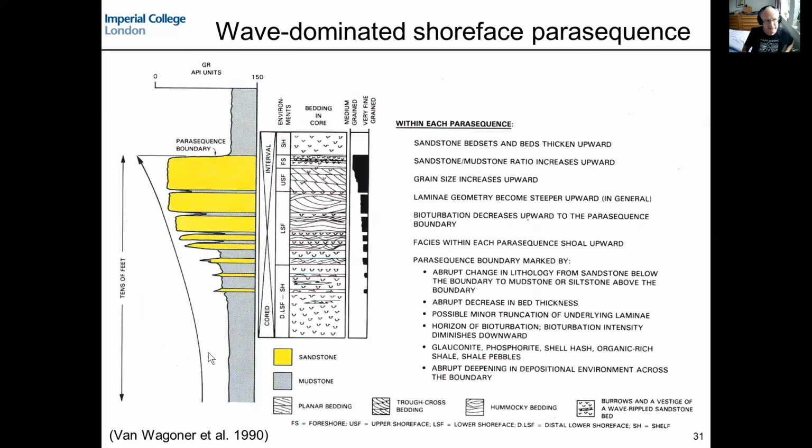Internally, those parasequences, again, we'll say more about this tomorrow, tend to record relatively deep water deposits shallowing upwards into shallow water deposits. And then at the top of those parasequences, we see a change back into deeper water. So in this case, a change from sandstone in shallow water conditions to mudstone above in deeper water conditions.